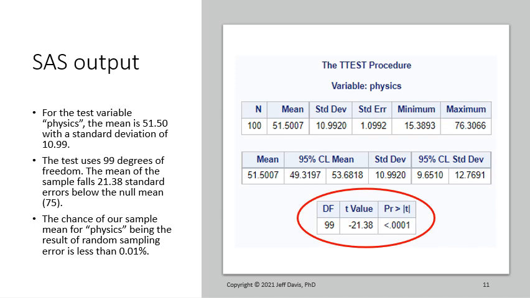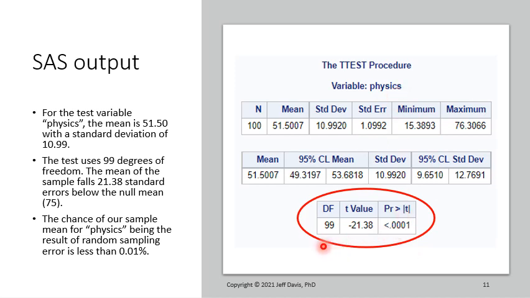The t-test procedure doesn't kick out a ton of data, but there are still quite a few numbers you have to make sense of. Looking at the last table here, this tells us everything. Again, this is for the variable physics.